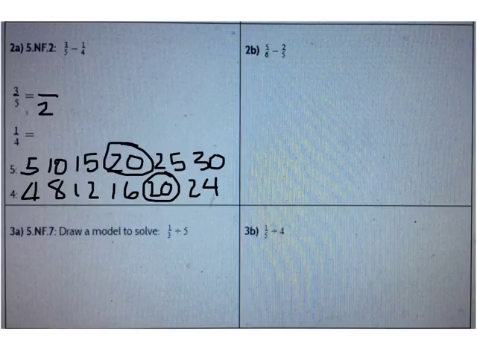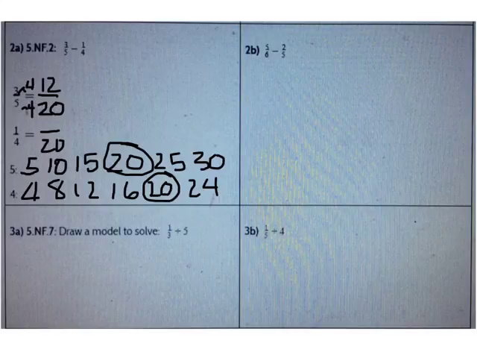Now I need to change each fraction so that the denominator is 20. When I change 3/5 so that the denominator is 20, what's the new fraction? Well, 5 times 4 is 20, and 3 times 4 is 12. So 3/5 is equal to 12 over 20. When I change 1/4 so that the denominator is 20, what's my new fraction?